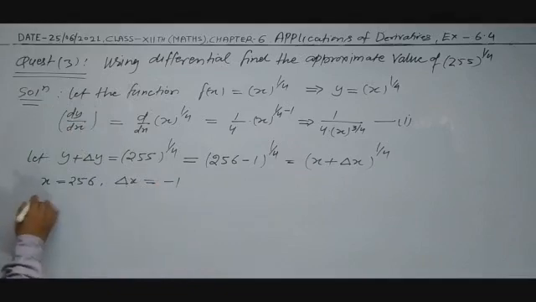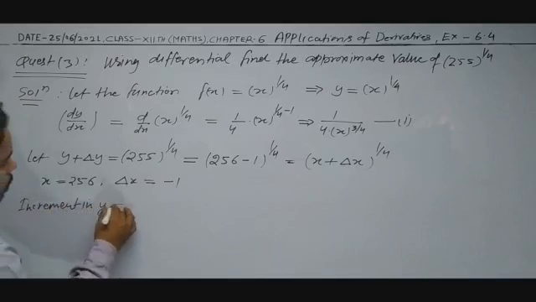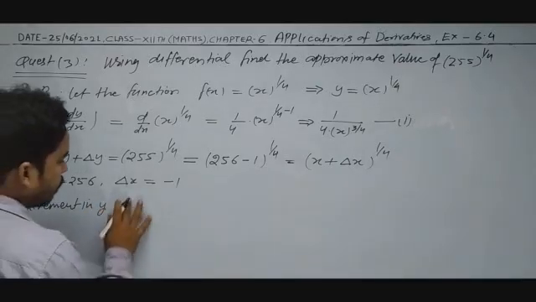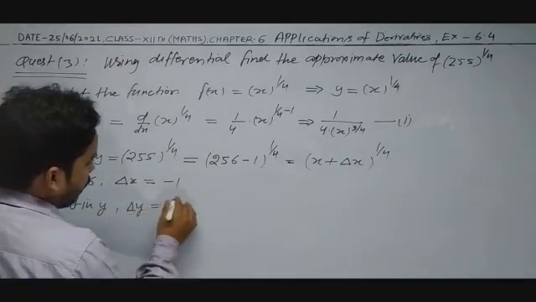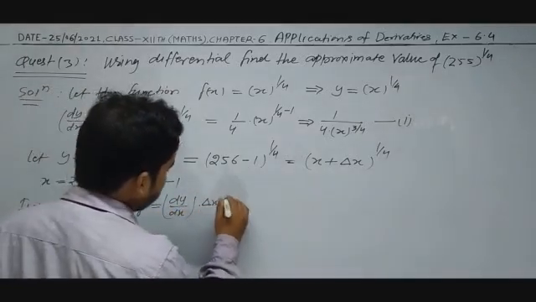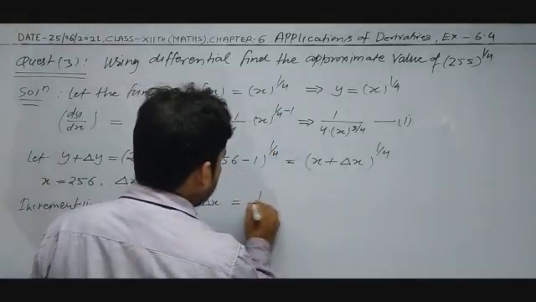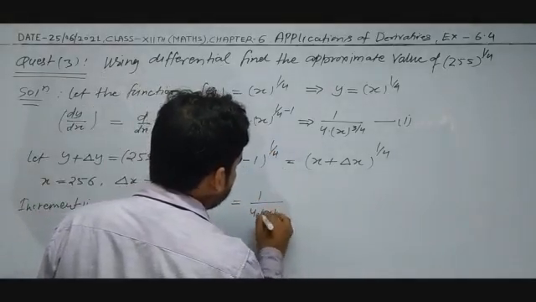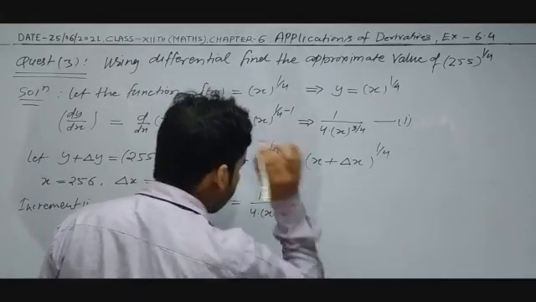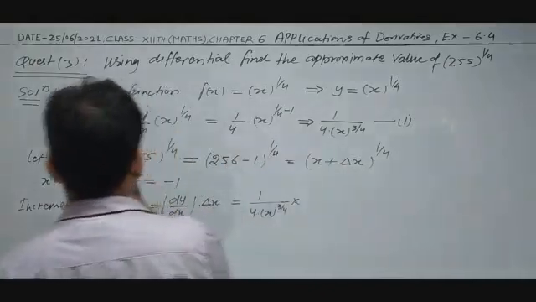So the increment in y, that is del y, can be written as dy by dx times del x, and dy by dx, you know, is 1/4 times x to the power 3/4, into del x value which is -1.